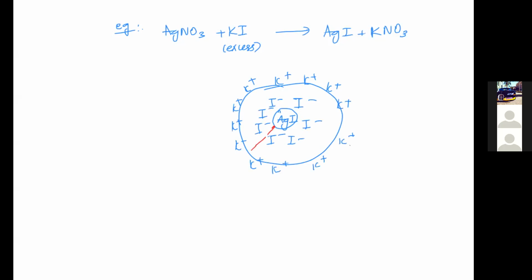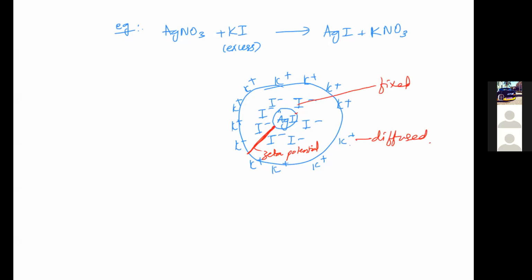So this is the zeta potential, the fixed layer, the diffused layer. This is what I have already told you. All the values are not given here, but this is an example I'm showing. So we just did the example alone.